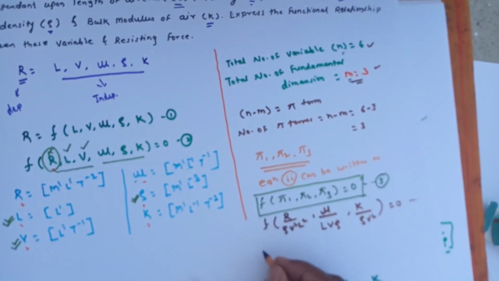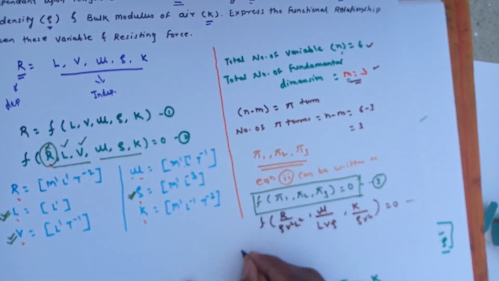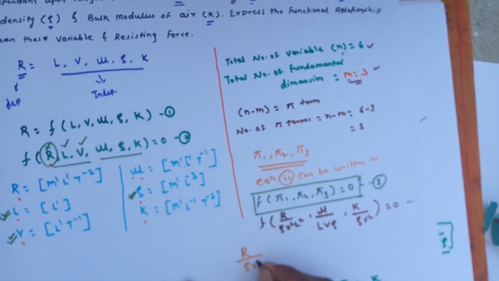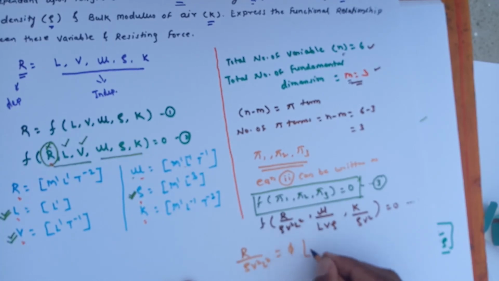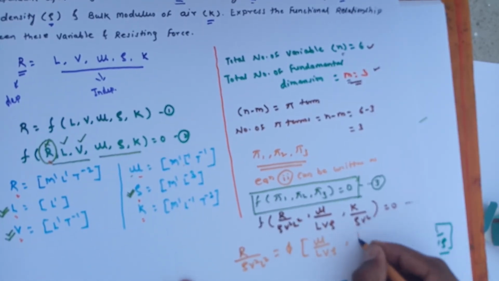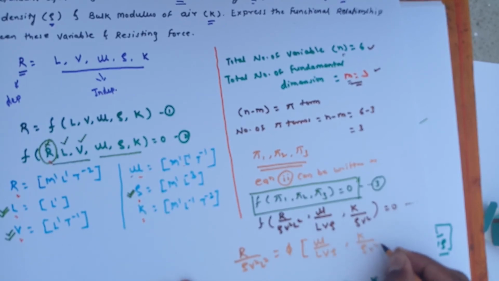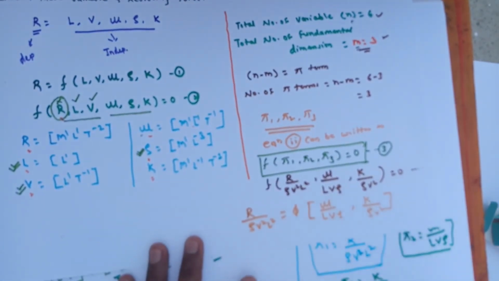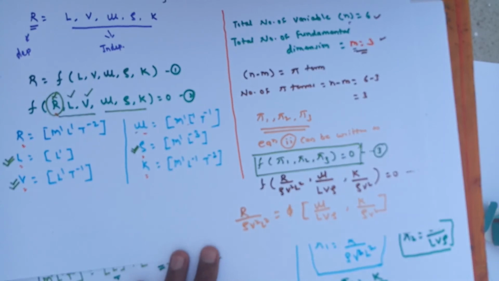So I can write this equation as r upon rho p square l square is a function of the remaining pi terms, that means mu upon l p rho, comma k upon rho p square. And finally I will get the equation for r.